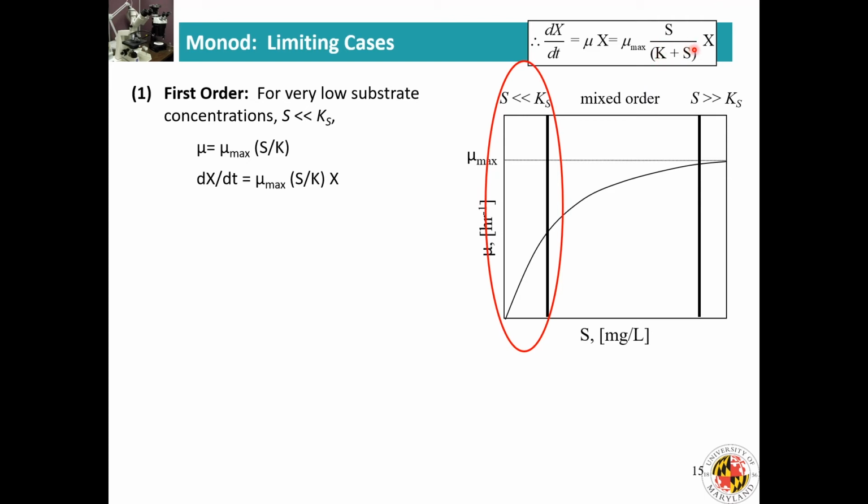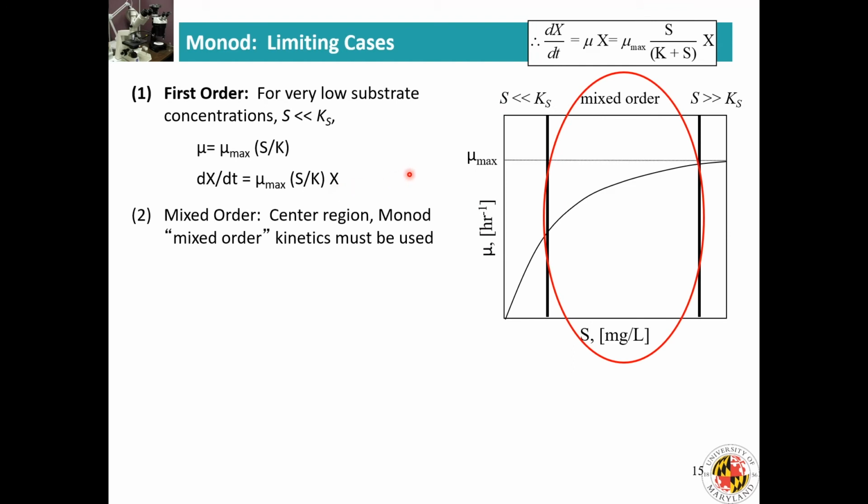And here we can assume that because S is much lower than the Ks value, we can assume it is almost zero, and our equation will turn into this first order reaction.